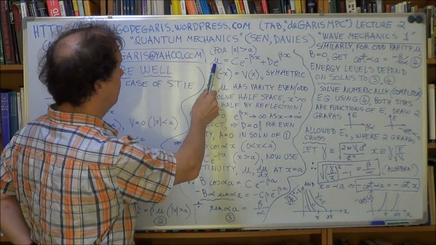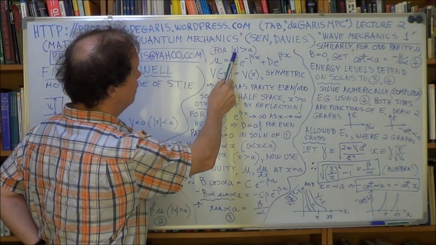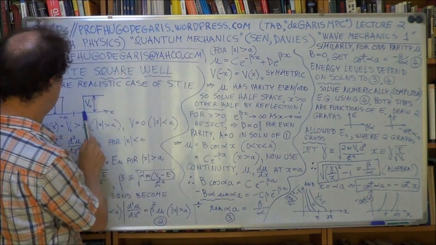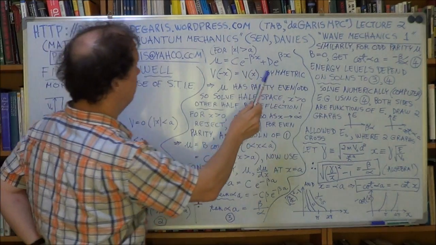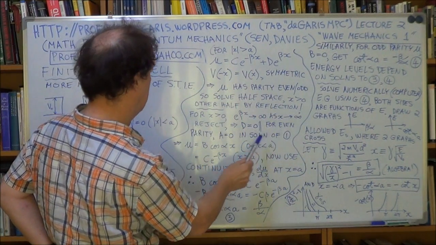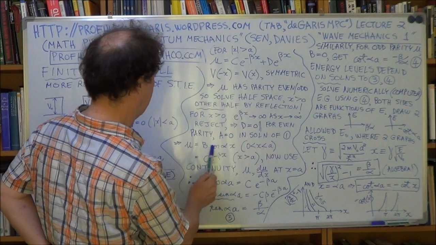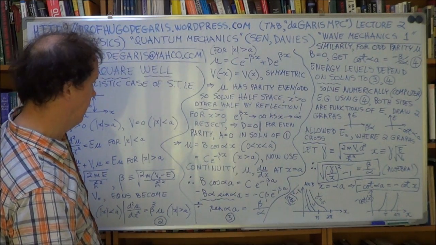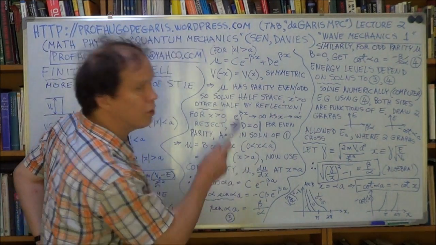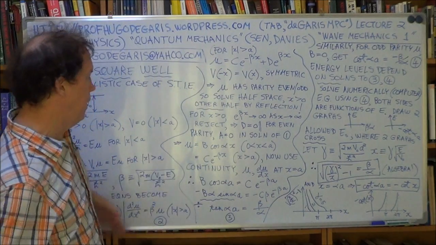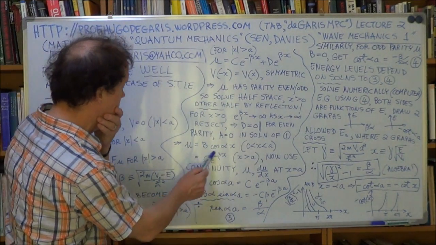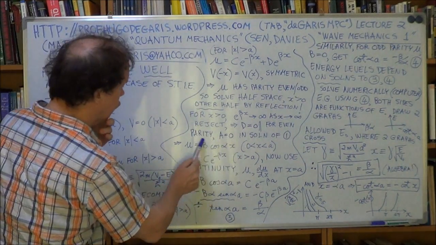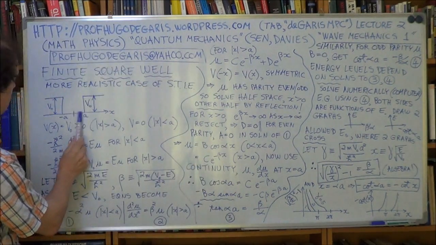We've also got the region for x greater than a, where U is of the form C e to the minus beta x. So we have a solution of this form valid in this region, and another solution valid in that region.